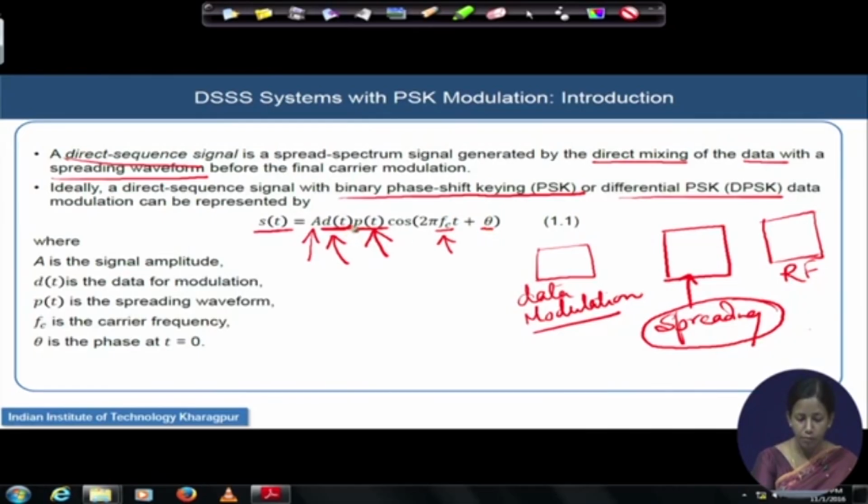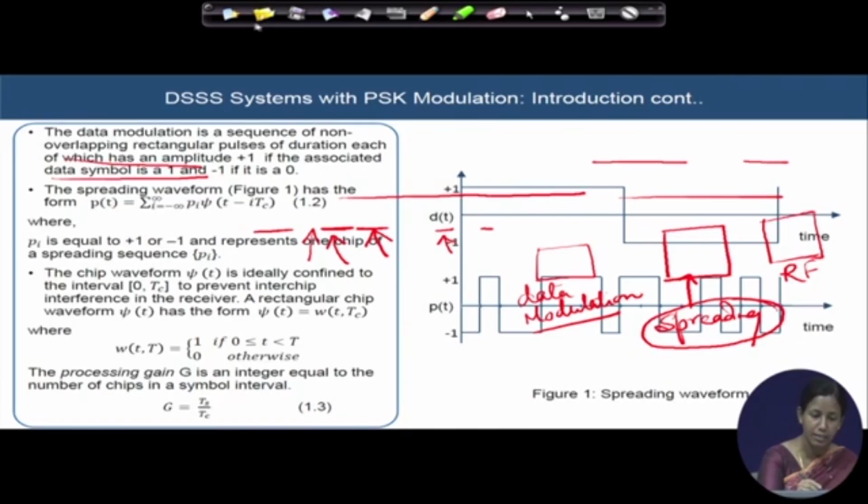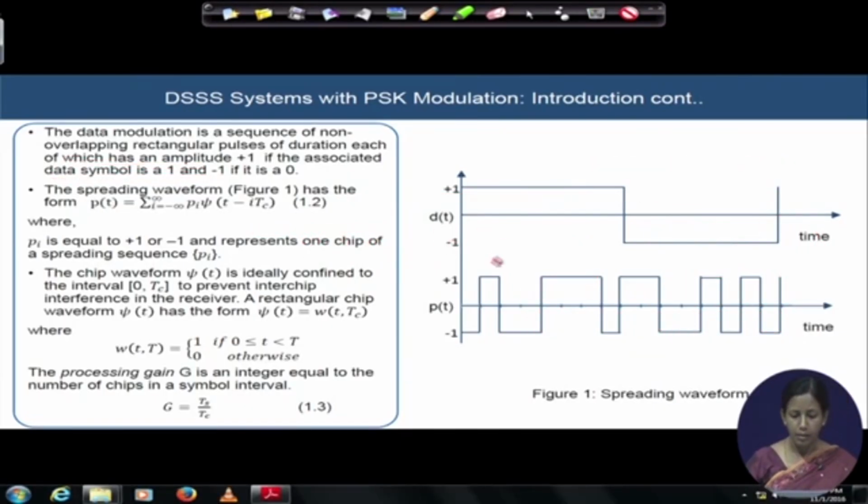Remember, the data modulation that we are considering here for this analysis is BPSK. If we go to the next slide, we will be able to see the form of this d(t). The BPSK modulation will be like this, where the incoming bit stream is given as 0, 1, 1, 0, 1, 1, something like this.